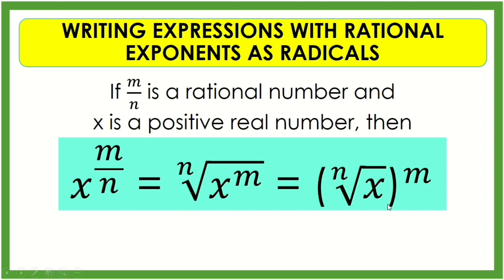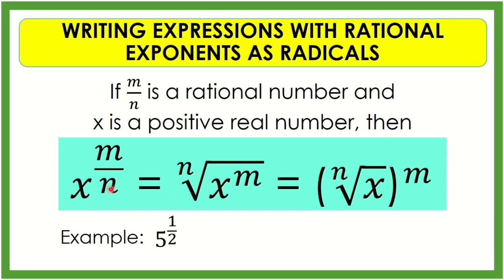So, for example, we have 5 raised to 1/2. So, this is expression with rational exponent. Isusulat natin siya as radical. So, ang gagawin natin, yung numerator, siya yung magiging exponent ng ating base.